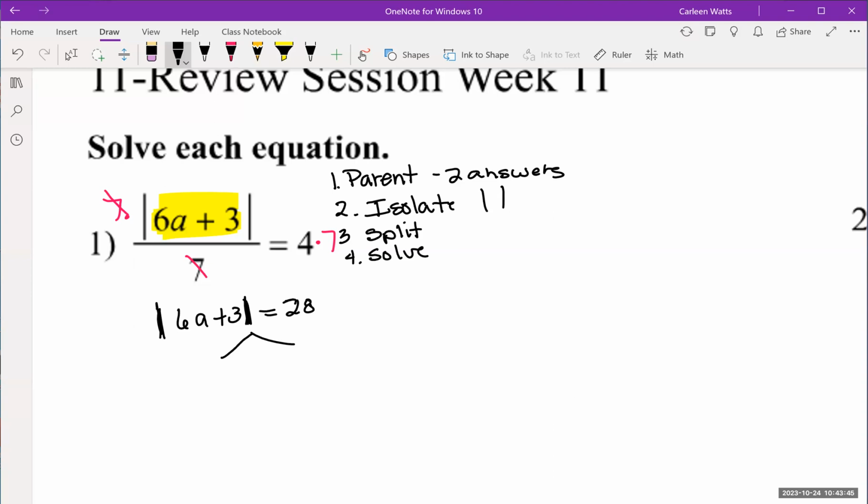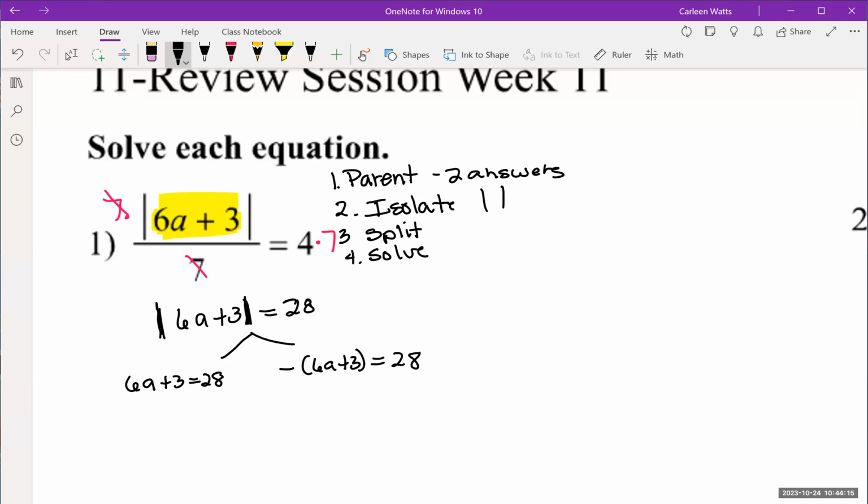So we have 6a plus 3 is equal to 28, and the opposite. Does that make sense? Before we had the 5 and we had the -5. Now we're going to have 6a plus 3 and -6a plus 3. You with me?